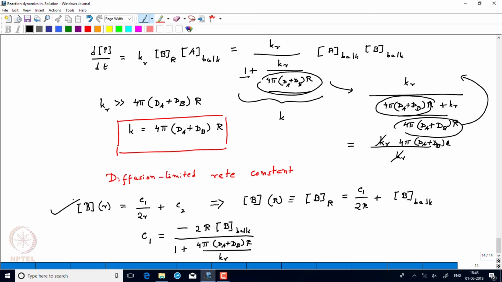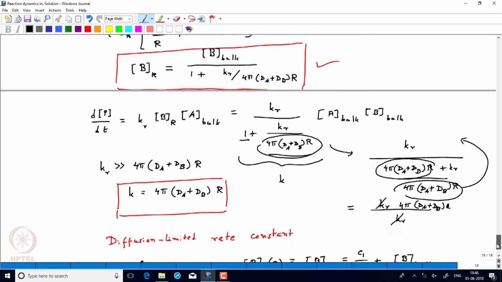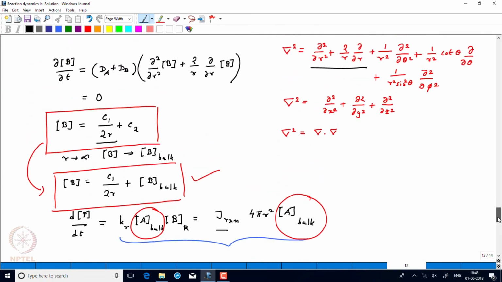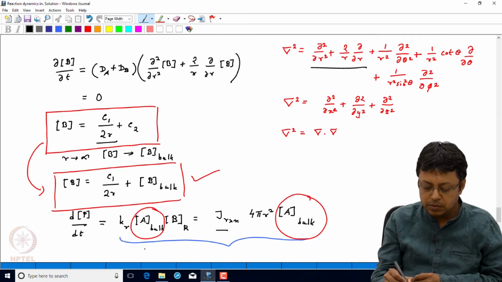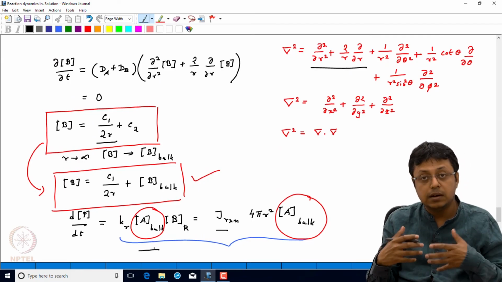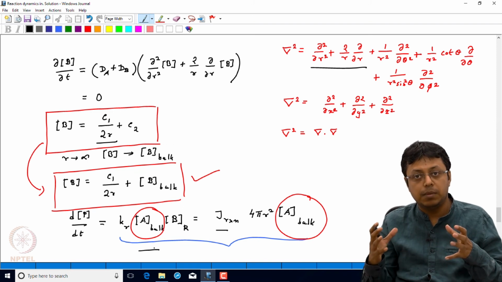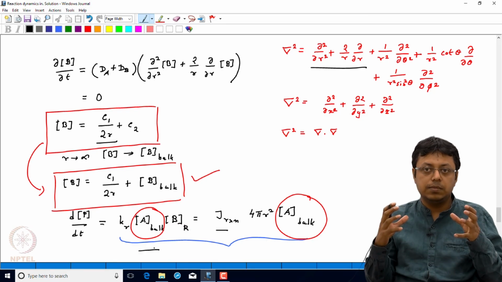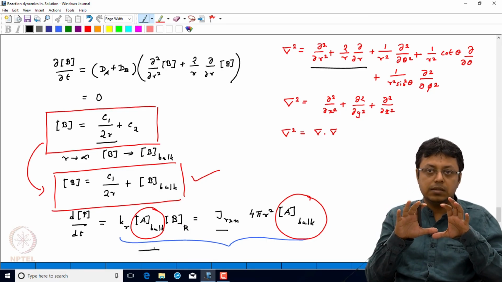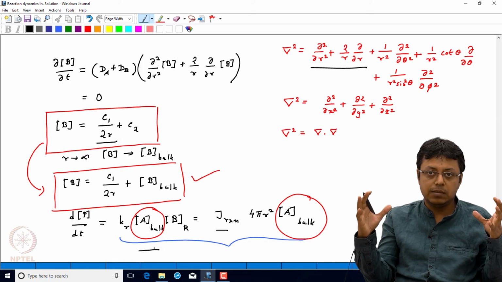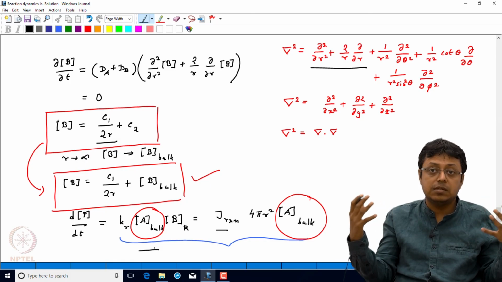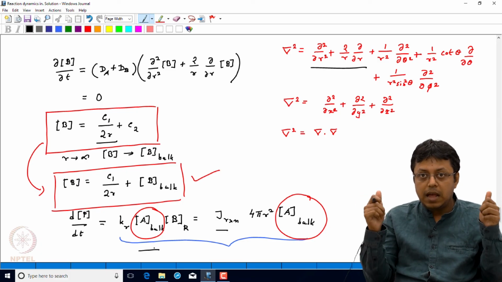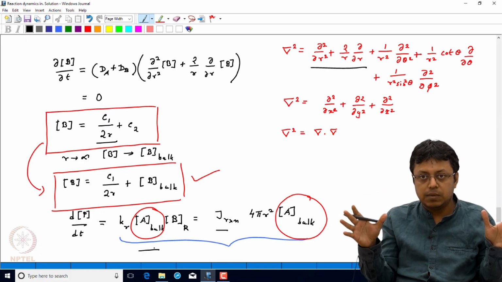Now here one question that you might think is: when we are discussing the rate of the reaction, why were we using A as a bulk concentration, why is it not a local thing? Now the concept here is that you can think there is a bulk concentration of A and B initially at time 0, and suppose there is no reaction, we just mixed it, and at that time every concentration is bulk concentration.